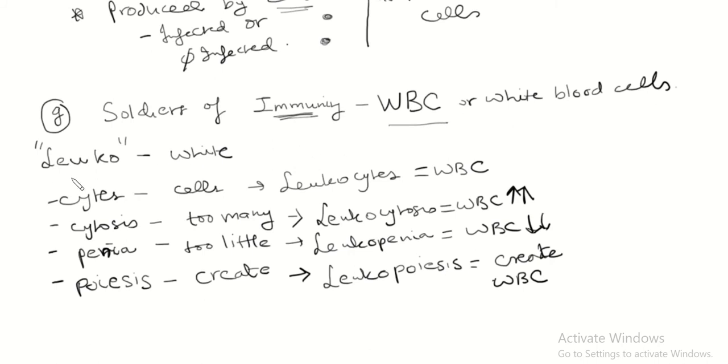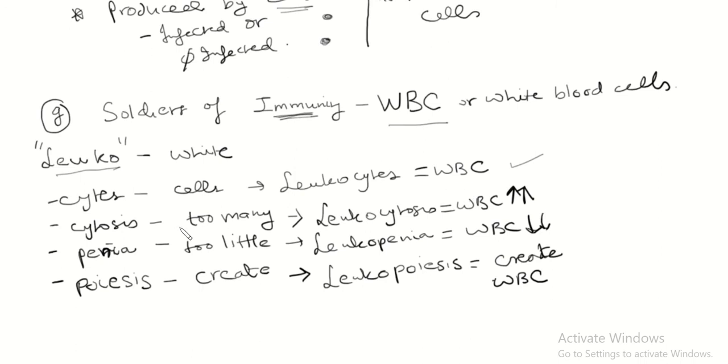The prefix that we use is leuko. If you have cytes, as a suffix meaning cells, leukocytes would be white blood cells. Easy, right? See, names make perfect sense when you think through this.